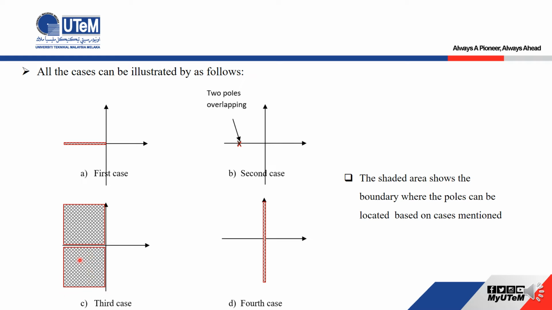So the coordinate for the location of the poles is in the form of a complex number, which consists of both real and imaginary components. Last, the fourth case shows a system in an undamped condition whereby both poles are situated on this imaginary axis. In this situation, the system constantly oscillates with a constant magnitude and is known as marginally stable.